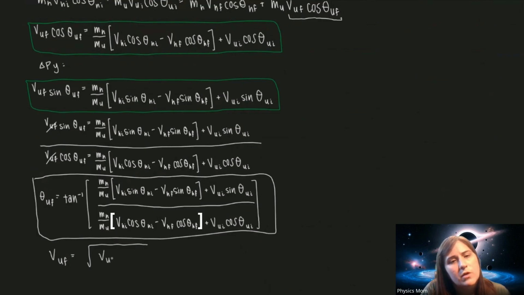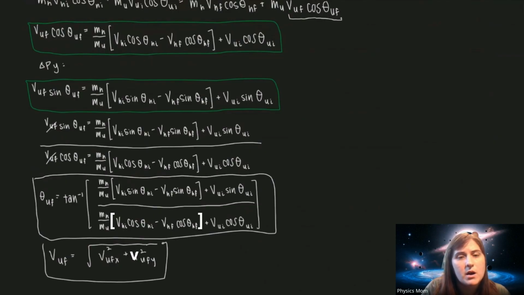So this is V_Ufinal,x squared plus V_Ufinal,y squared. And I'm actually going to leave this as my solution for this problem set as well, because what is the numerator for my angular component? Well, that was the entire y component of my velocity.